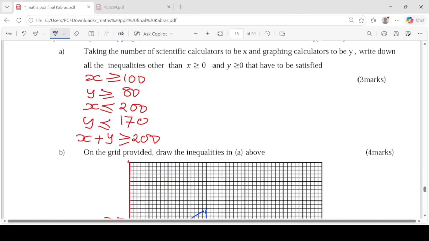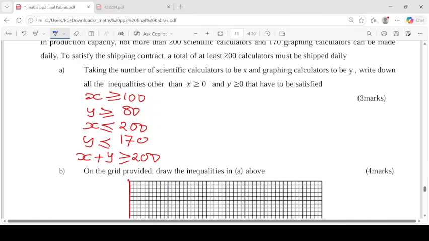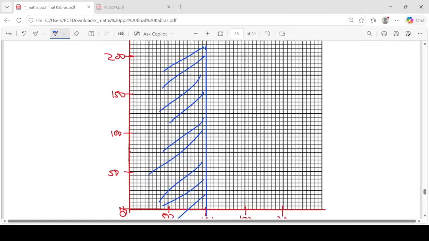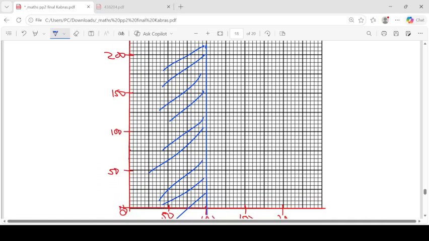The next one is y should be greater than or equal to 80. So if each is 5, I want 80. So if this is 50, 55, 6, this is 75, 80. 80 is here. Sorry, let me draw on the right line.